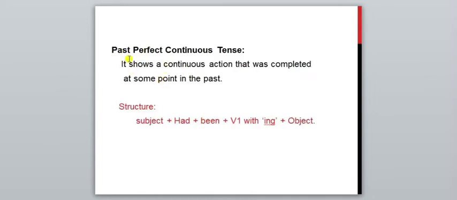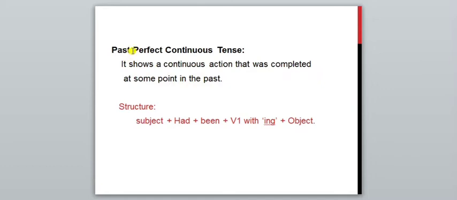Now the last is here, that is the past perfect continuous tense. It shows a continuous action that was completed at some point in the past. It was started in the past, it was completed in the past. See, in present perfect continuous, what have we seen?